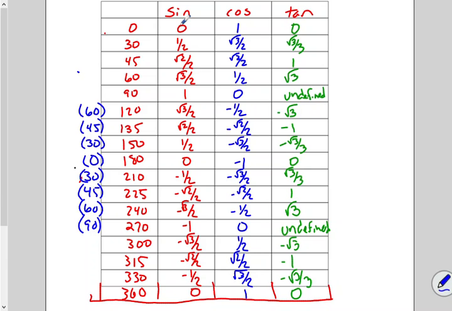Then we count down, 60, 45, 30, 0, right? So you see the angles count up to 90, then they really start counting down to 0 when we start talking about reference angles. Then they count back up, then they count back down.